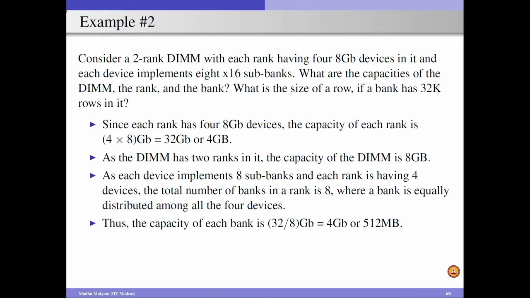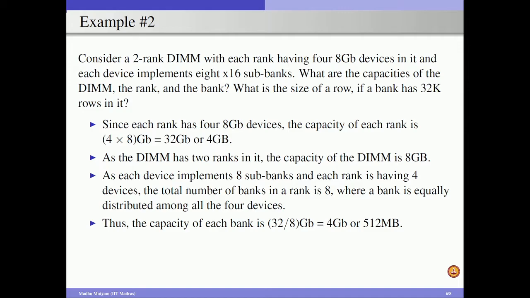Once we know the number of banks within a rank, the capacity of each bank is equal to the capacity of the rank divided by the total number of banks within that rank, which is equal to 4 gigabits or 512 megabytes of space.